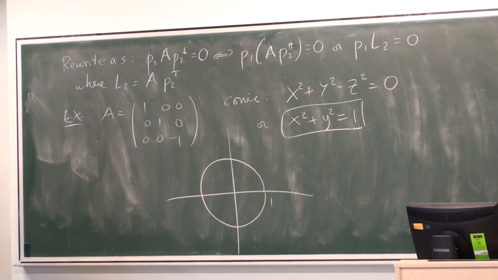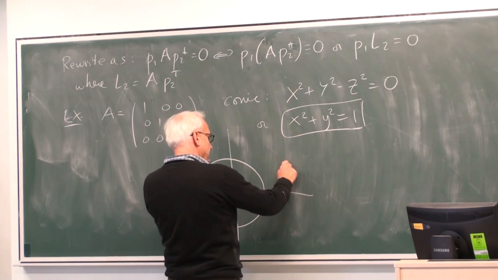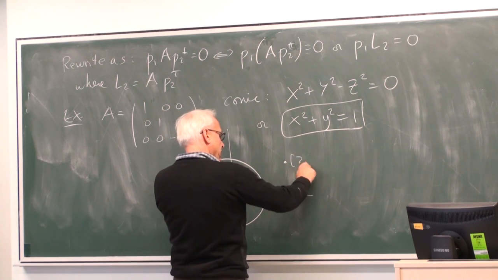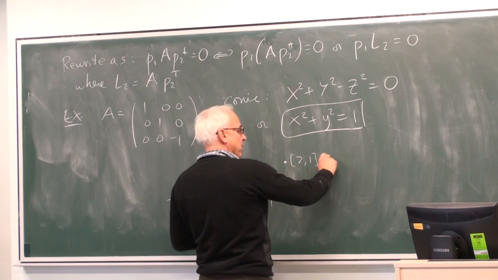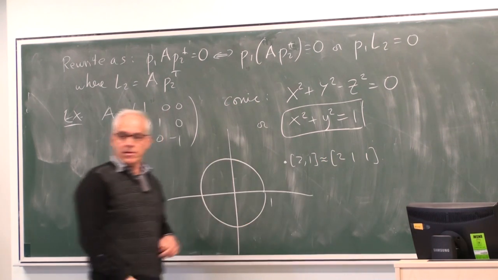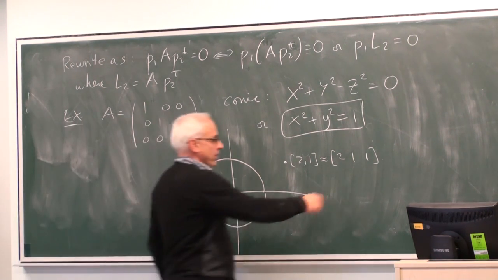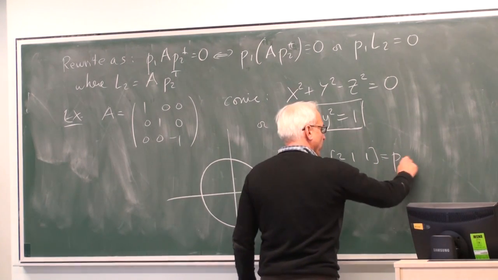So what does this perpendicularity look like? Let's choose a point, say 2, 1 right here. There's the ordinary point 2, 1, which projectively is the same as 2, 1, 1. Let's call this P2.